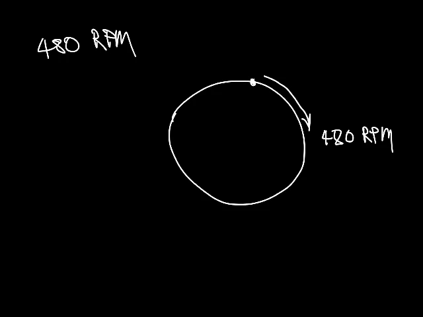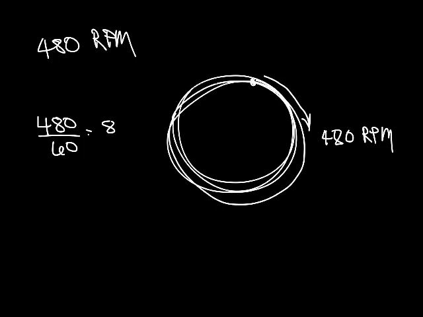Probably the easiest way is to figure out how many times it's going to go around in a second. If it goes around 480 times in a minute, if we divide by 60 seconds in a minute, we're going to get how many times it goes around every second. So that CD is going to have gone around 8 times in that 1 second.